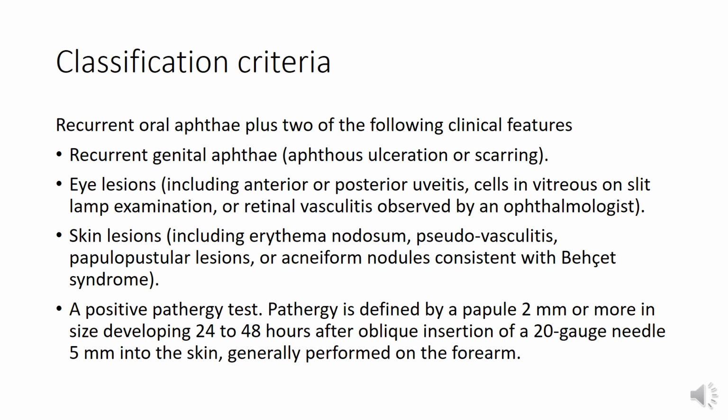Classification criteria for Behcet syndrome: recurrent oral aphthae plus two of the following clinical features. Recurrent genital aphthae, aphthous ulceration or scarring.